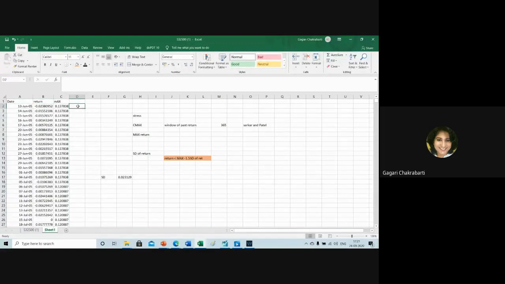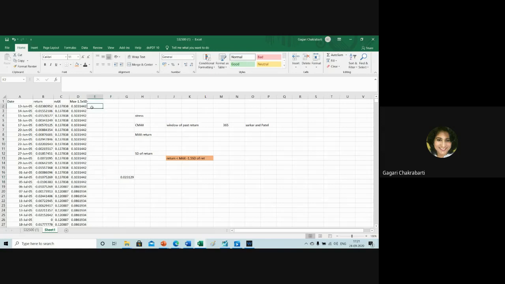So we have the max. Now we shall calculate max minus 1.5 cross SD. This is equal to max minus 1.5 into our given SD. Now this has to be constant, so we put dollar signs here. That is our max 1.5 SD series.